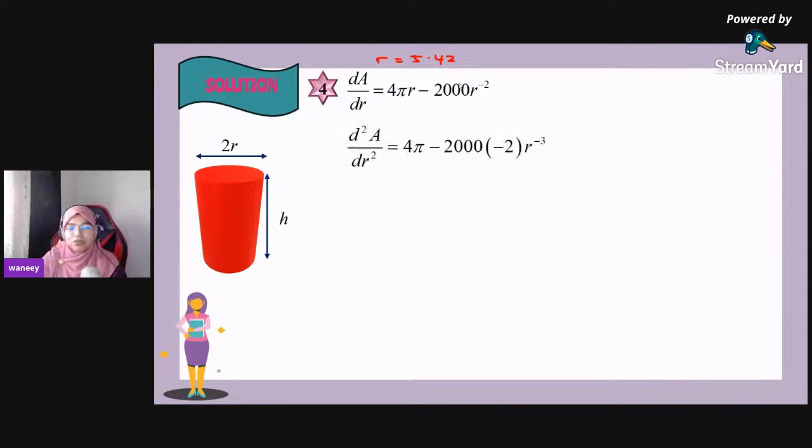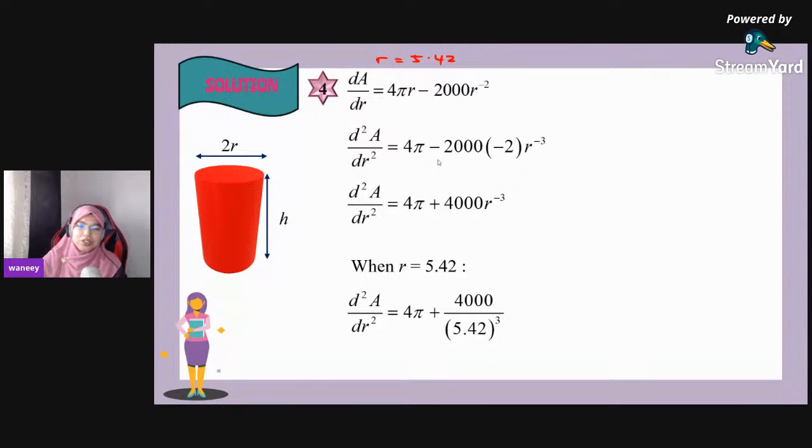So d2A over dR square is equal to 4 pi minus 2000, bring the power down, so we're going to get negative 2 R to the power of negative 3. So now substitute with R equal to 5.42. When R is equal to 5.42, you check, do you have something that is greater than 0 or less than 0?